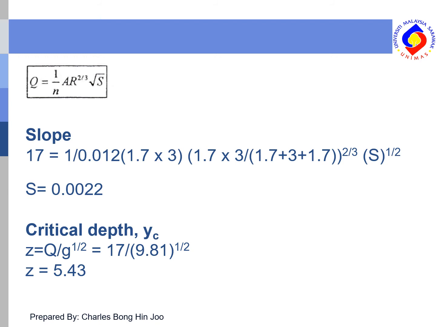Now comes to the main focus of this example, which is to find the critical depth. To find the critical depth, first we need to find the Z. In this case, the Z is equal to Q over square root of g. Q here is the discharge equal to 17 divided by 9.81 to the power of 1 over 2. So you get the Z as 5.43.